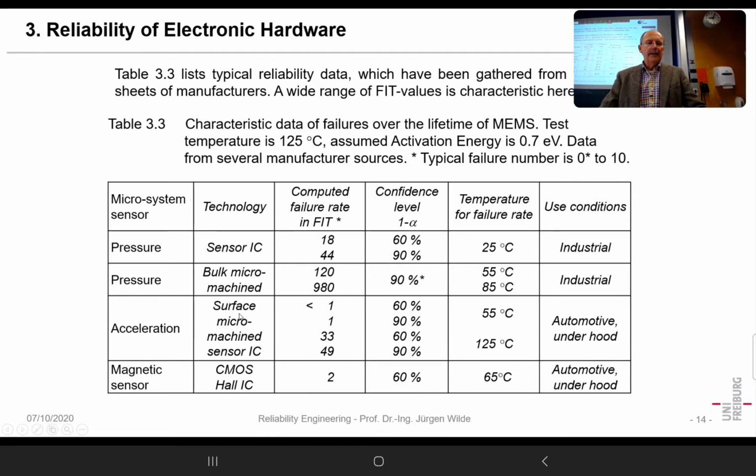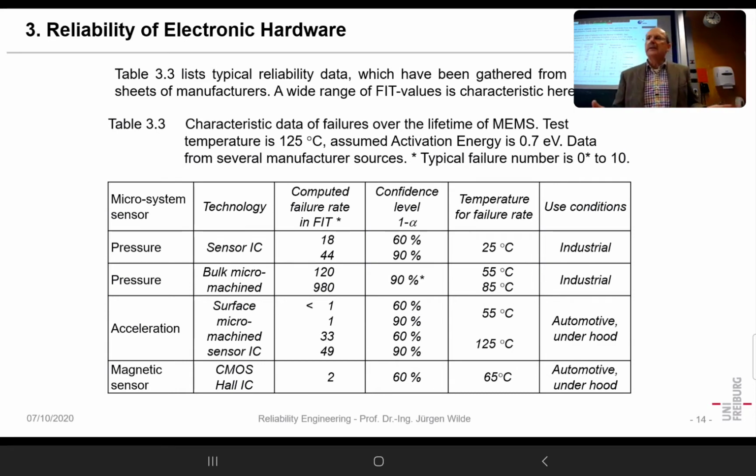For instance, if you have something from Bosch, specifying it for 55 degrees centigrade, you can have on an acceleration sensor FIT rates of 1 FIT. It's extremely low. When you go to 125 degrees centigrade, they specify already significantly higher FIT rates of 32 to 49.